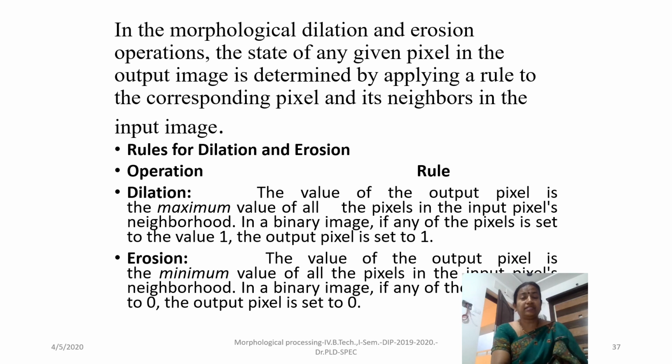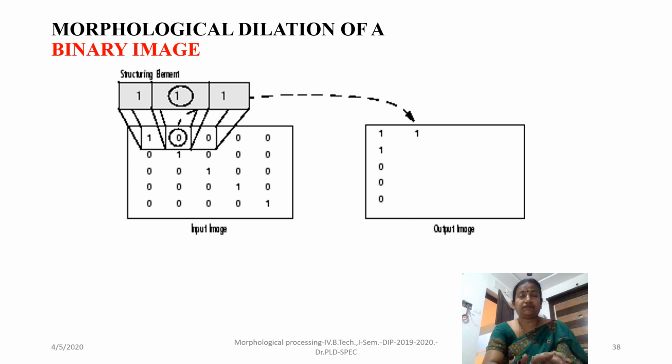In a binary image, if any of the pixels is set to 1, the output pixel is set to 1. Erosion: the value of the output pixel is the minimum value of all the pixels in the input pixel's neighborhood. In a binary image, if any of the pixels is set to 0, the output pixel is set to 0. I'll explain this on paper for better understanding afterwards.